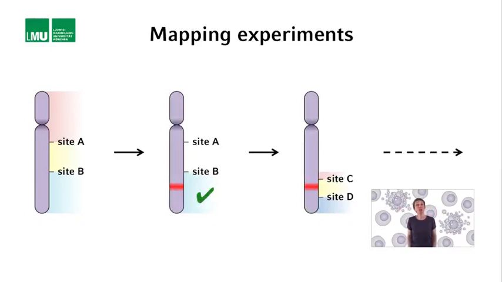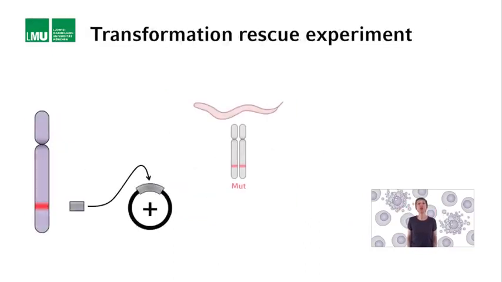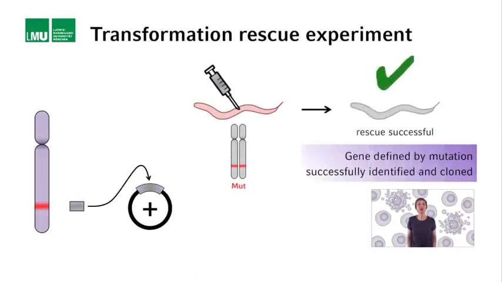Once a small region has been identified, the next step is to determine whether the DNA that covers this region, isolated from wild-type animals, can complement or rescue the mutant phenotype, the phenotype that is caused by your mutation. You perform something referred to as a transformation rescue experiment.